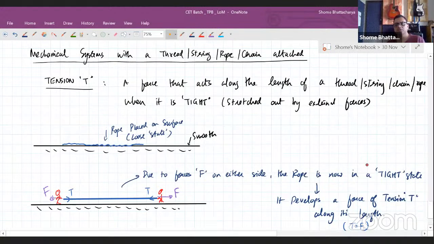So another term that is used sometimes for this thing, that when the rope or string is in a tight state, it is also said to be in a taut state. So if you see the term taut in any textbook or something, you should understand that it means that the string or the rope is under tension or it is tight.